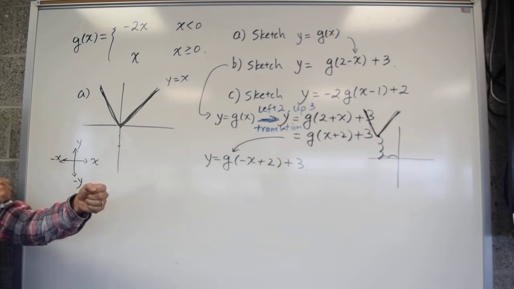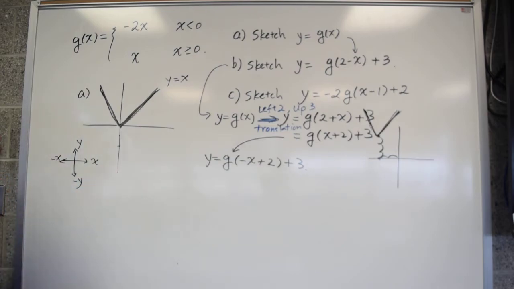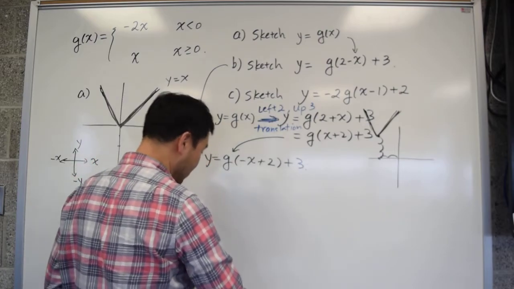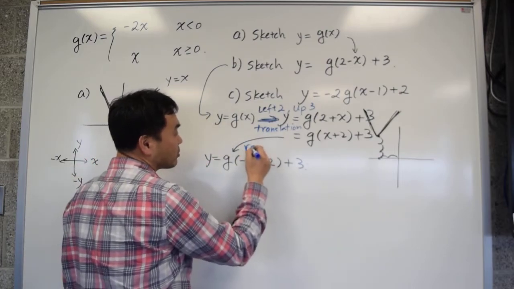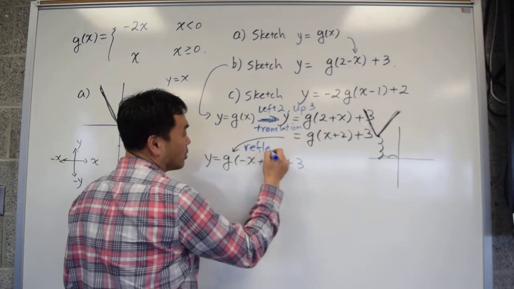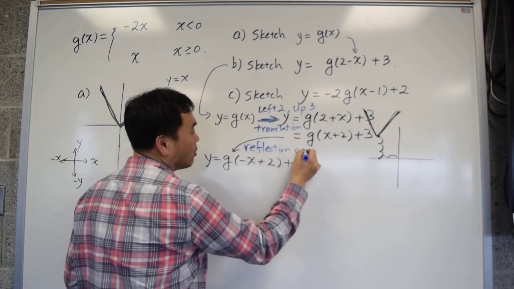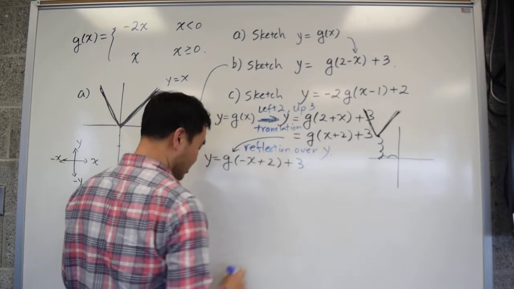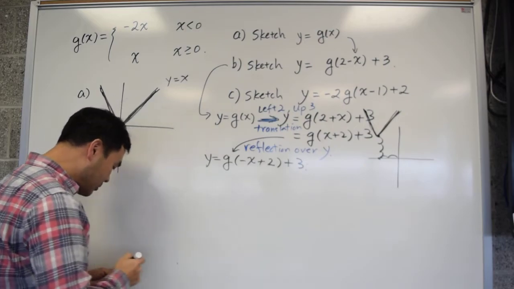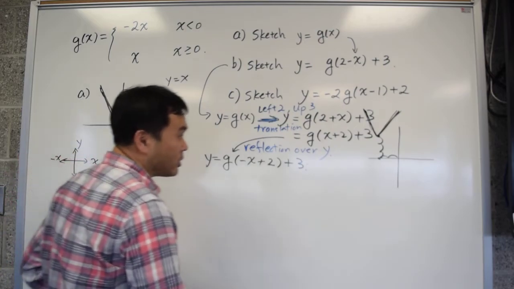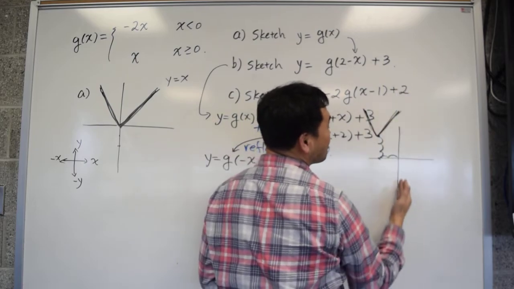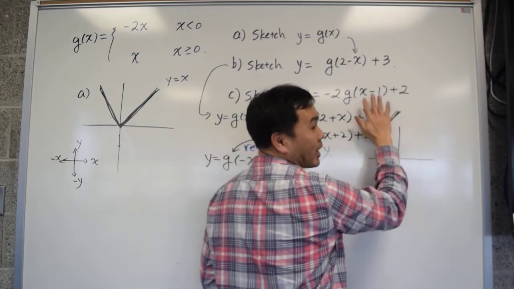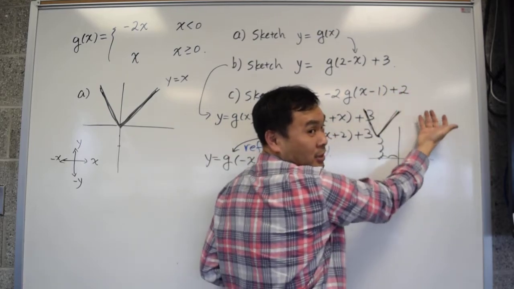What is that? Flip over the y-axis. It's a reflection over the y-axis. That means you take this and imagine a mirror at the y-axis and see what happens at the mirror image.